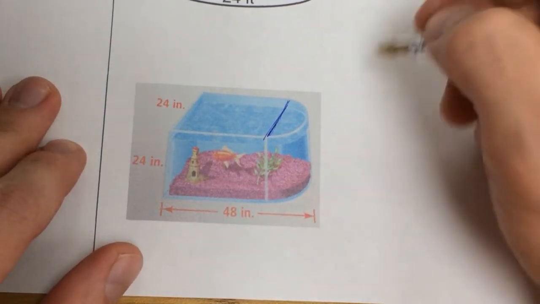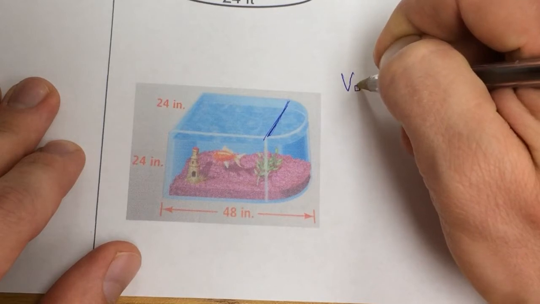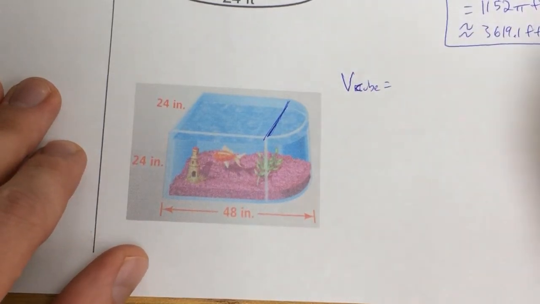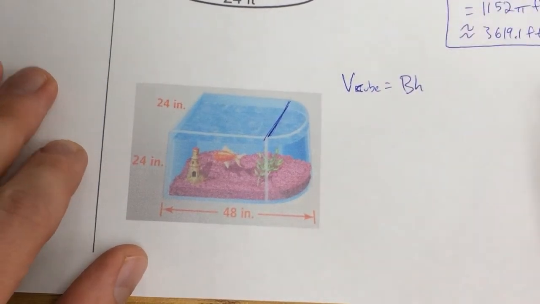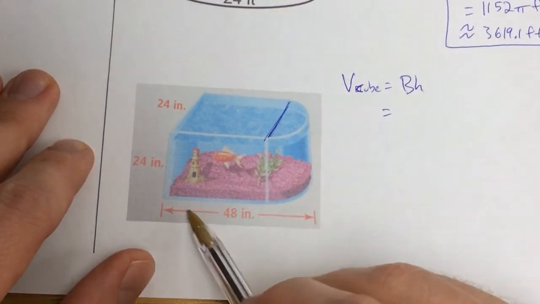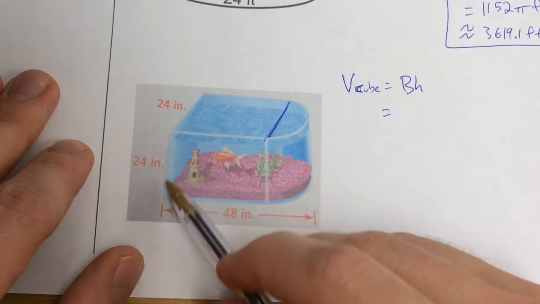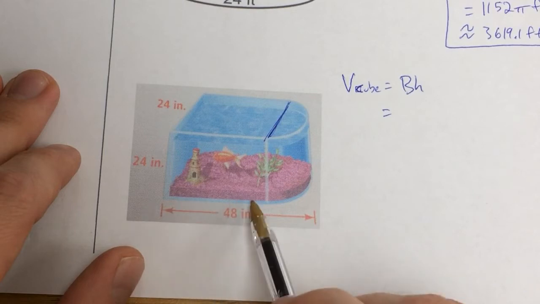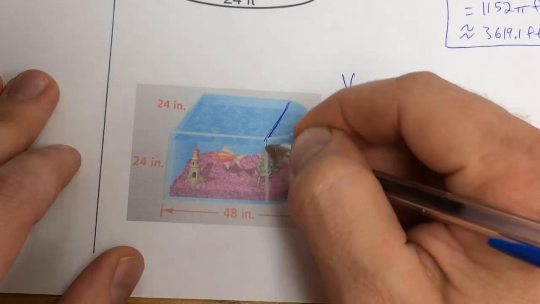So the volume of my cube, I guess I could just write cube, which is capital BH. All right. The area of my base, well, I know my height is 20, actually the base down here, maybe I do need to redraw this.